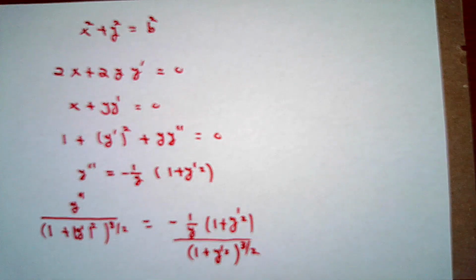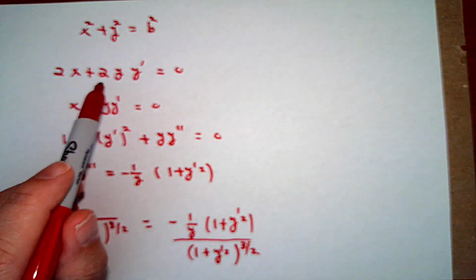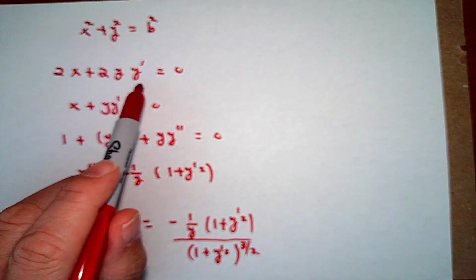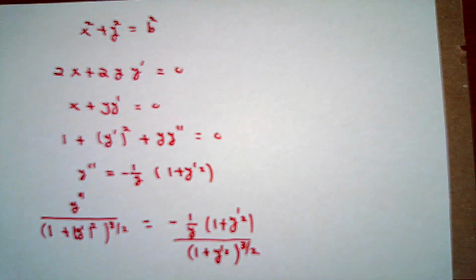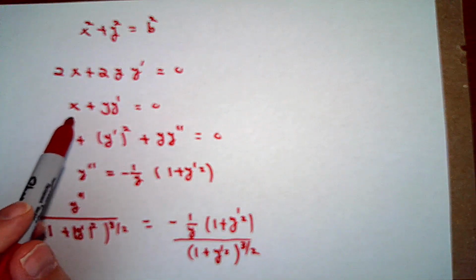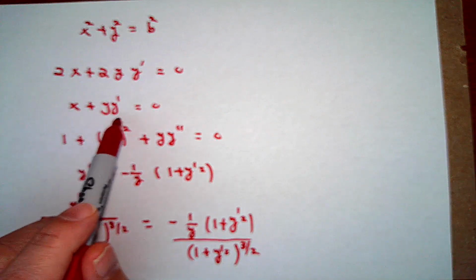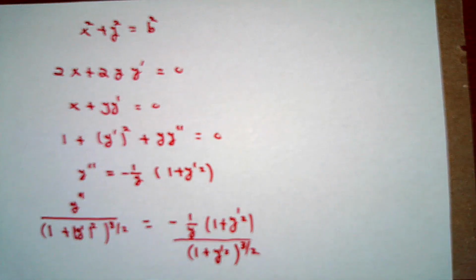Y is a function of x, so the derivative of y squared is 2 times y times the derivative of y, and the derivative of a constant is 0. Divide the 2 out, and I find that x plus y times y prime must be 0.